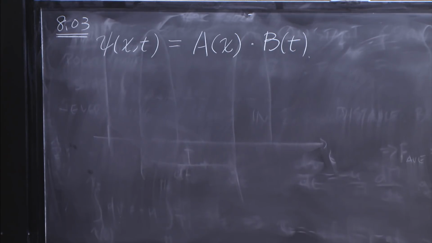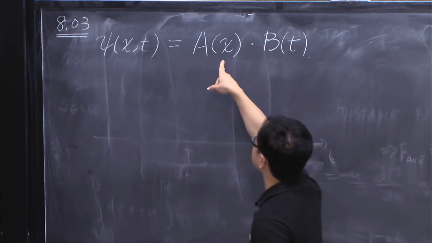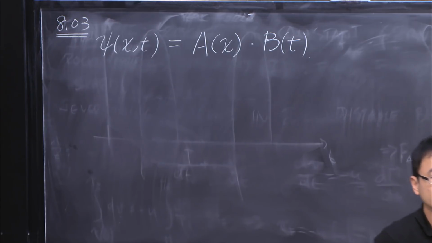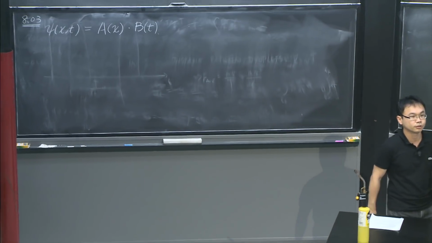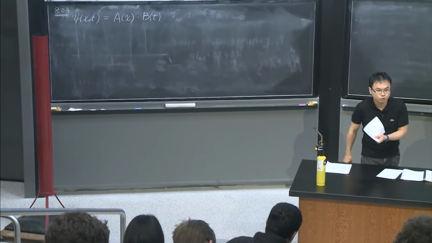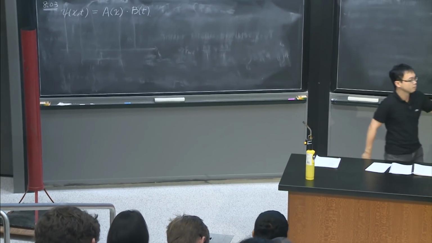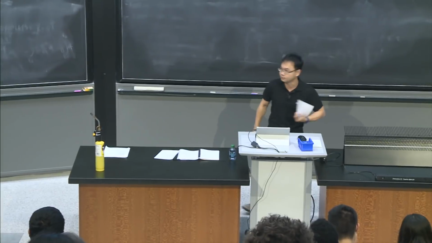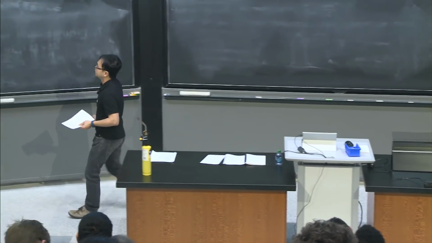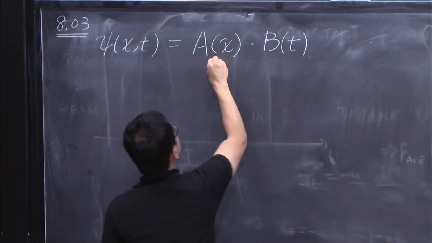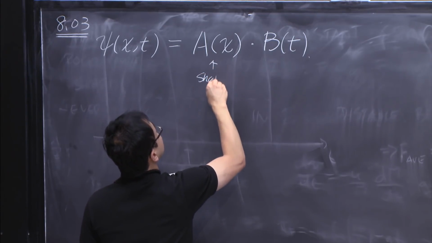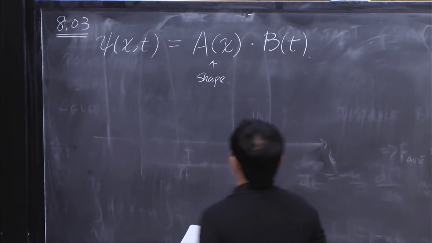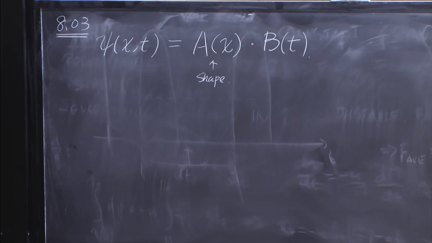What I'm doing here has a meaning. A(x) gives you a description of the functional form, the shape of the normal mode as a function of x-axis.